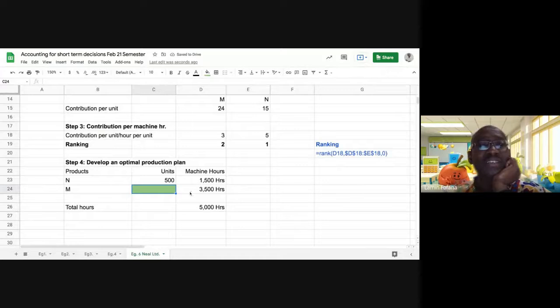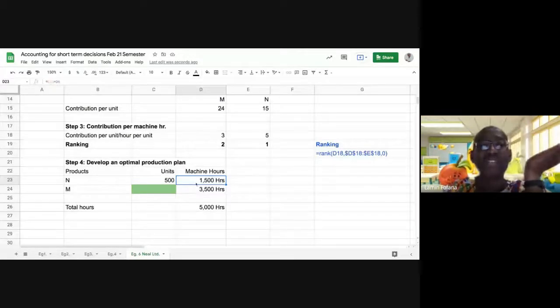You know that after applying your 500 units, you're going to use 1,500 hours. 1,500 hours minus the total hours will leave 3,500 hours. Simple.